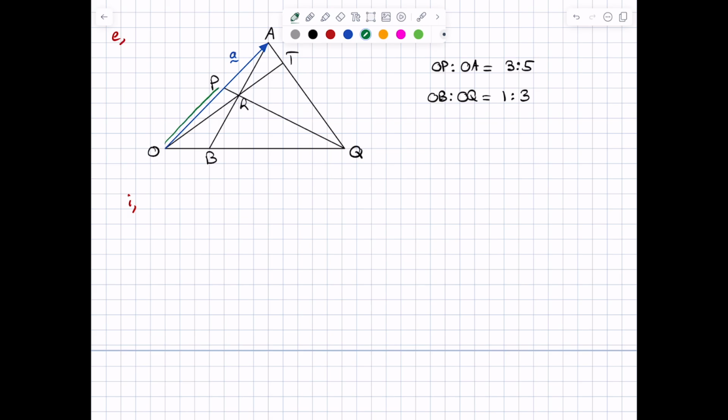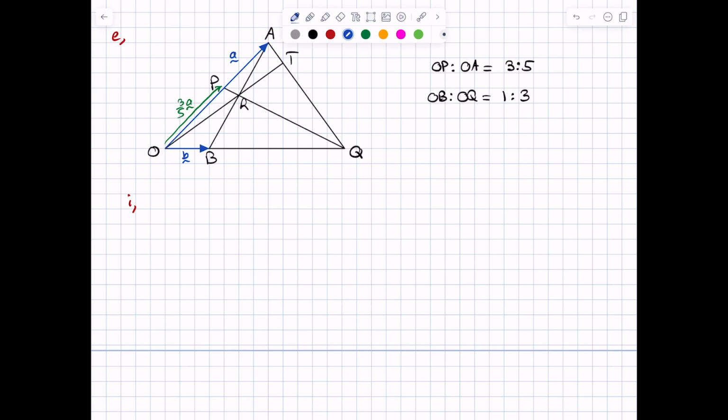So I'm just going to write here that this is 3 on 5A. Similarly, we have OB. OB is equal to the vector B. So let's draw that in. And that tells me that OQ is going to be 3B. I'm not going to write it in, but I'll just keep it in mind.